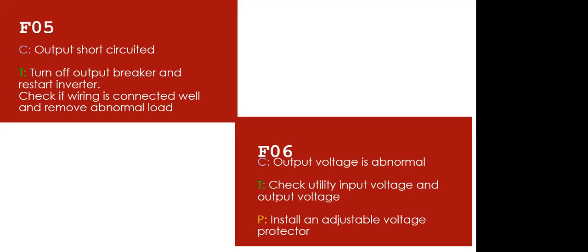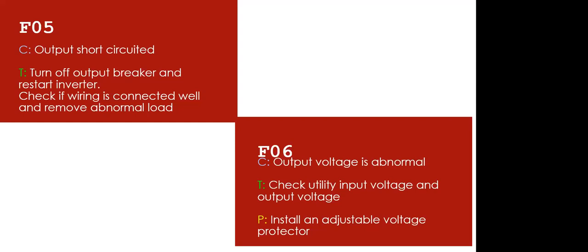In the Gennex inverter, the maximum voltage you can have as input is 240, 250. If you are having something like 260, 270, the inverter will sense it as abnormal voltage. Meanwhile, it will not bypass it to the output for your load, because they designed it to protect the appliances on the output side.